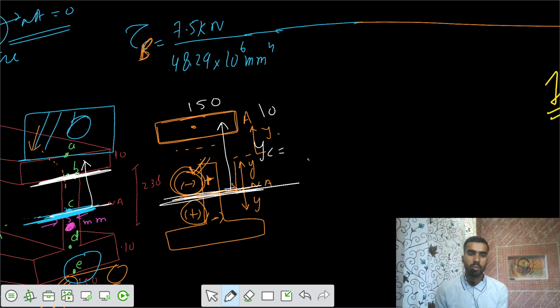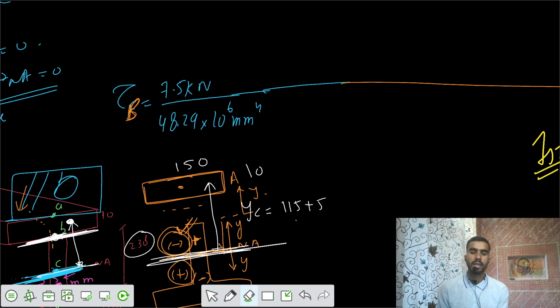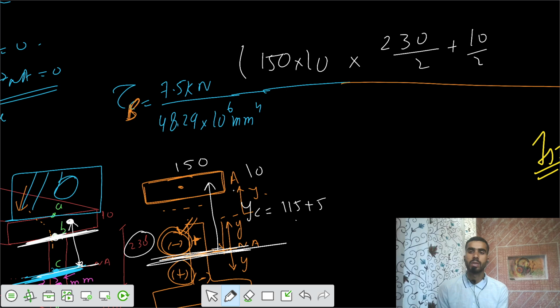Point is B, but for the area above you have to take up to the centroidal distance. That is 115 plus 5, 120. So I can solve that. That's 150 into 10 into, we can write it this way, 230 by 2 plus 10 by 2, that is 120. So we got the area A Y bar, the first moment of area.